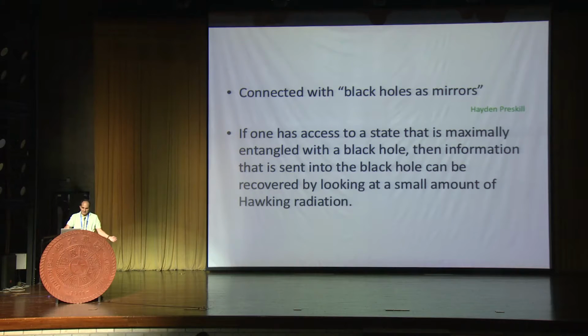Then someone sends some information into the black hole, a qubit into the black hole, and then this person that has the quantum computer gathers a little bit of the Hawking radiation from the black hole, just a few qubits of the Hawking radiation, and then from just those qubits and this other, let's say, entangled state of the black hole that he had, he can recover the qubit that the other person sent into the black hole.